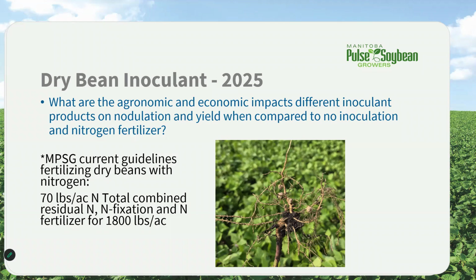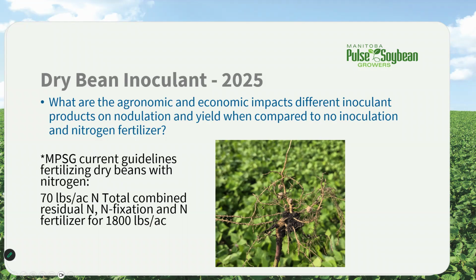But the goal here is to find commercially available inoculant products that can effectively colonize the root zone with rhizobia and then potentially improve dry bean nitrogen fixation and reduce our reliance on nitrogen fertilizer.